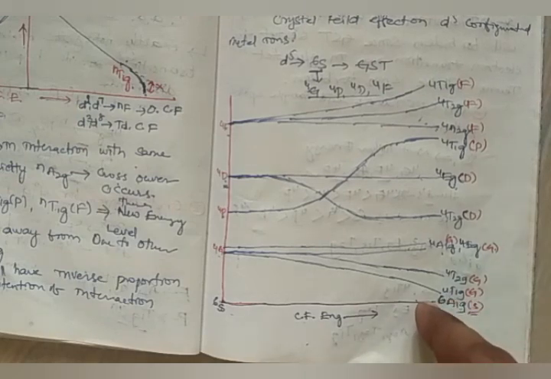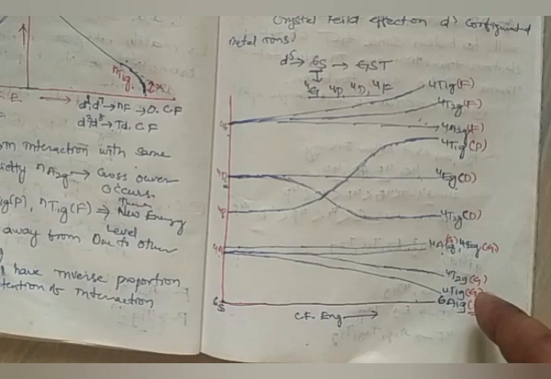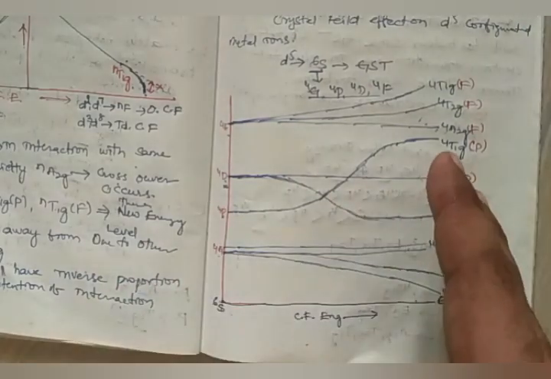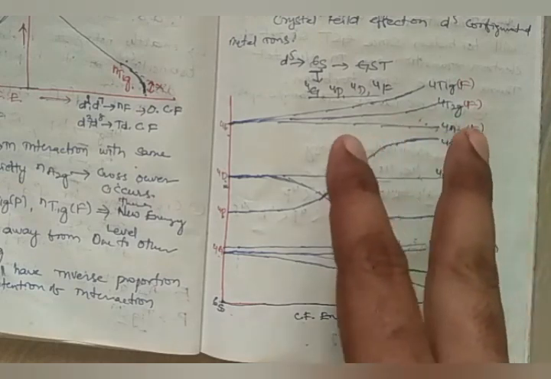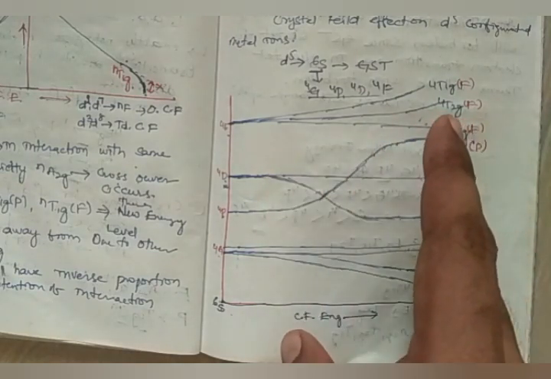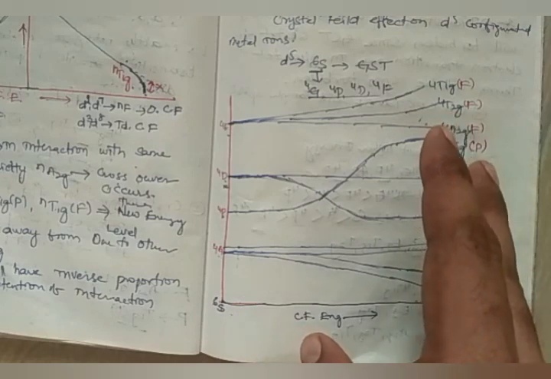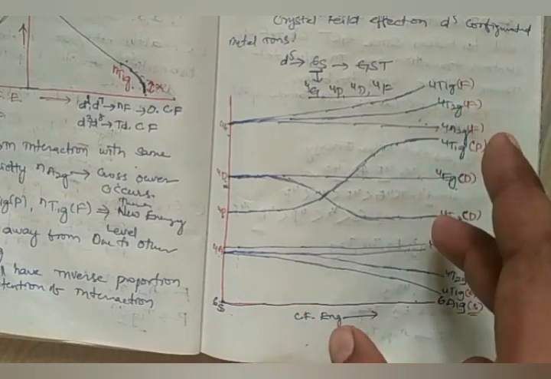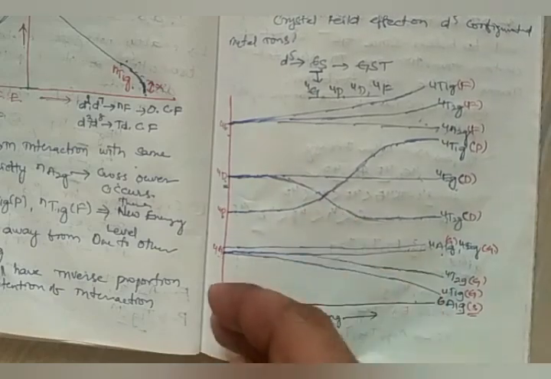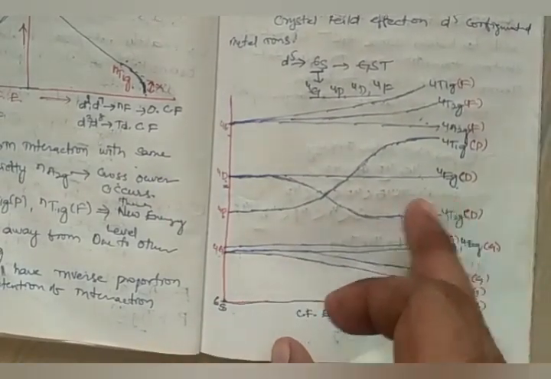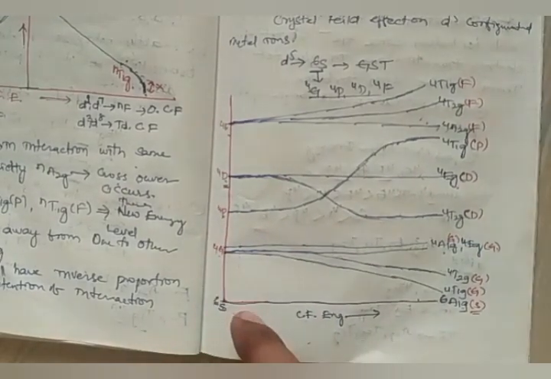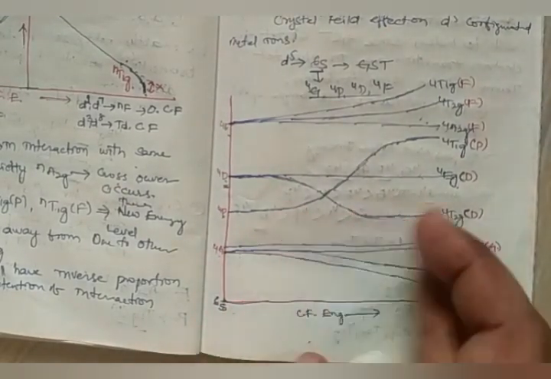So as per the spin allowed concept, excitations between terms of the same spin multiplicity are allowed, and electron excitations between terms of different spin multiplicity are forbidden.